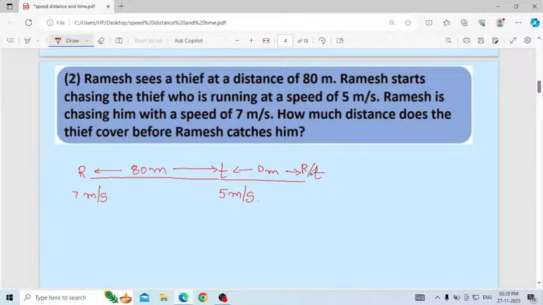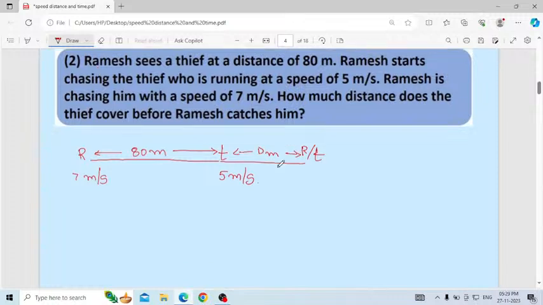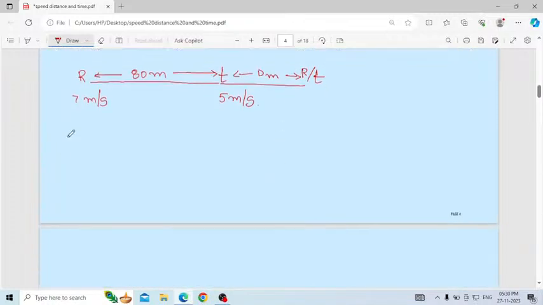Here the time taken by Ramesh and the thief, both times will be the same. That one you have to remember. Time taken by Ramesh equals time taken by thief. You know speed is distance divided by time, so time is equal to distance divided by speed.